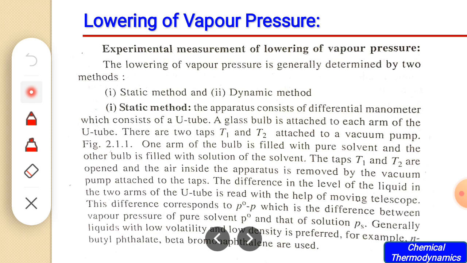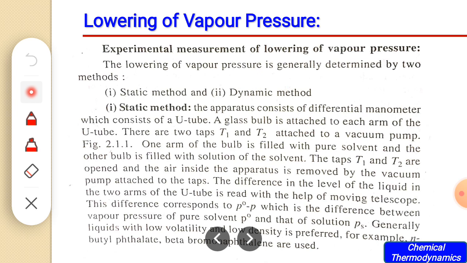So dear friends, there are two methods to measure the vapor pressure or the lowering of vapor pressure. One is the static method, another one is the dynamic method. In the static method, the apparatus consists of a differential manometer, which measures pressure, consisting of a U-tube attached to two arms having two taps, T1 and T2, attached to the vacuum pump.